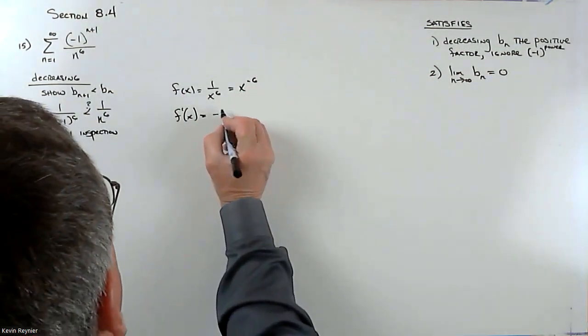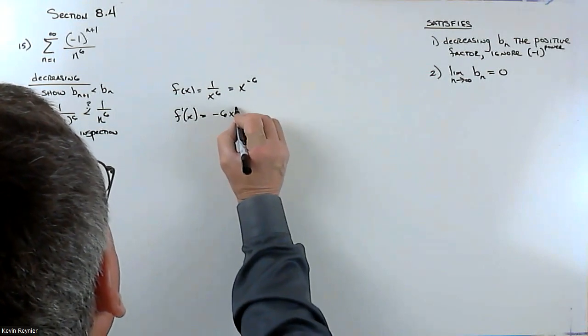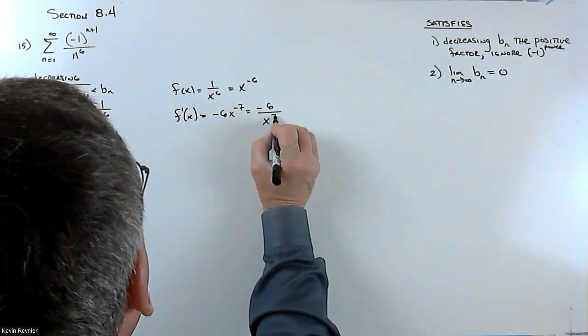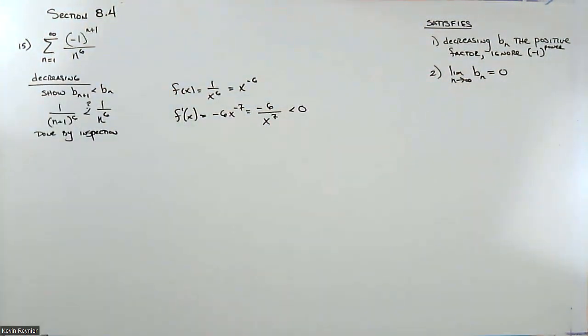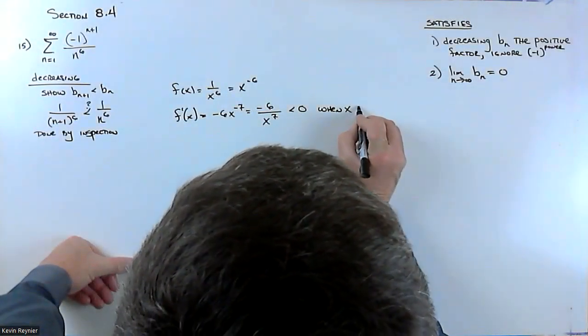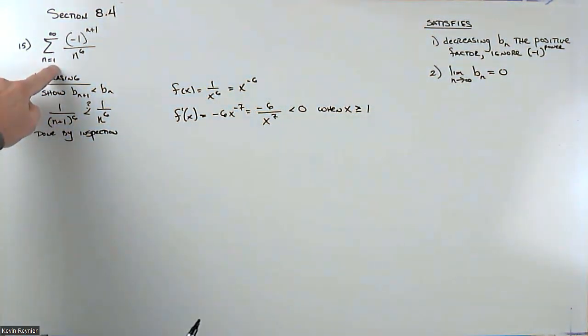So the derivative of this is -6 x to the -7, which is -6 over x to the 7th, which is always negative when x is greater than or equal to 1, which ours is. Because x to the 7th is always going to be positive. When you raise a positive number to the 7th power, you're going to get a positive, and -6 is always negative. So we've got decreasing.